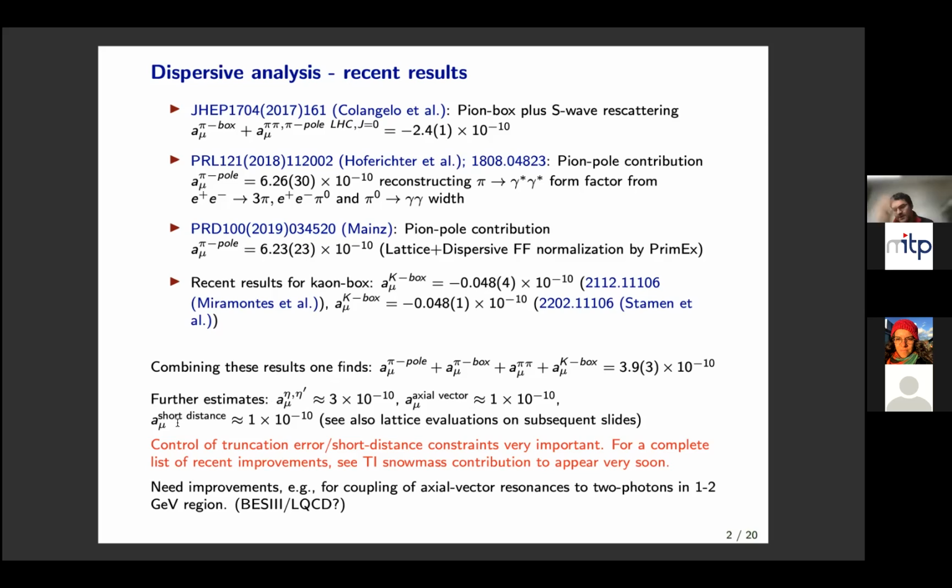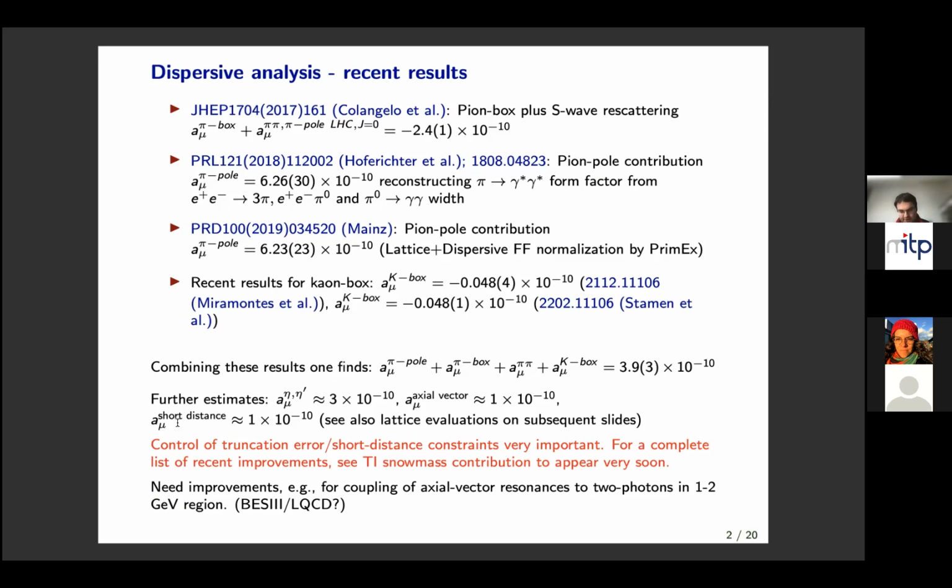And then, as I said before, getting the short distance constraints right, and actually making the transition again from your mesonic states to a picture where quark degrees of freedom again become important, is still something that you need to think about.